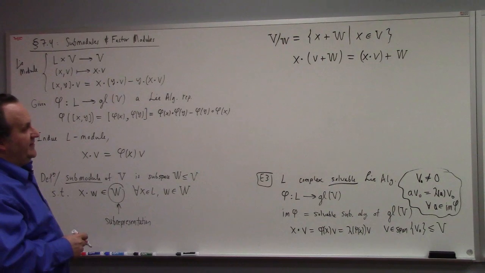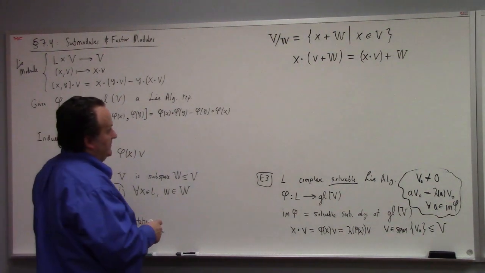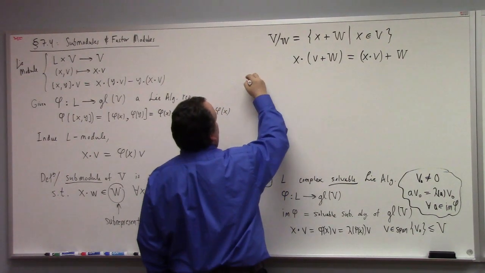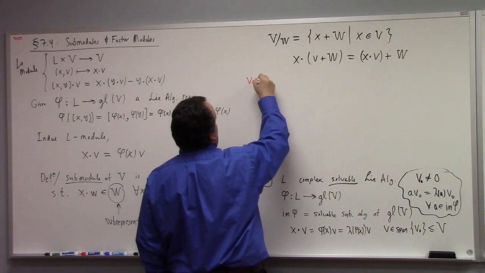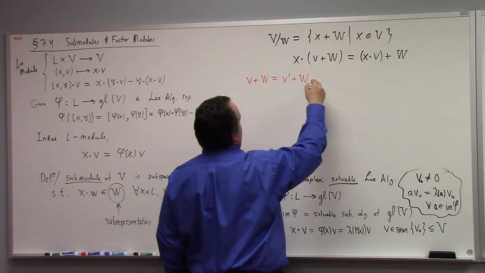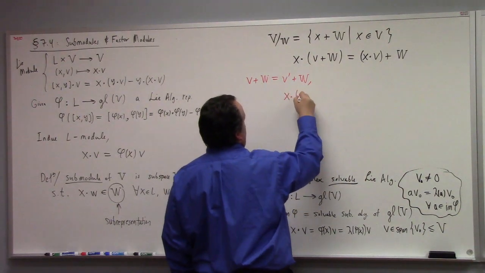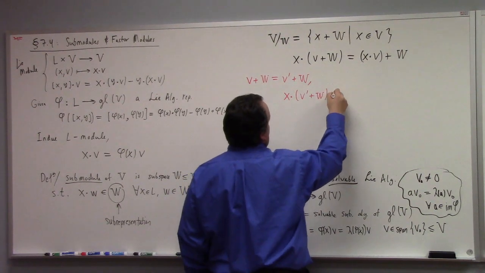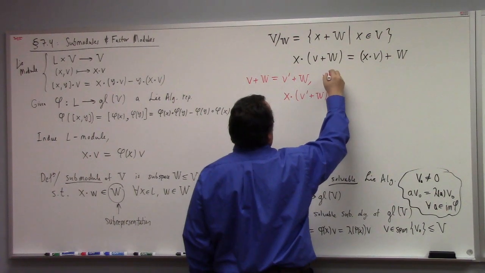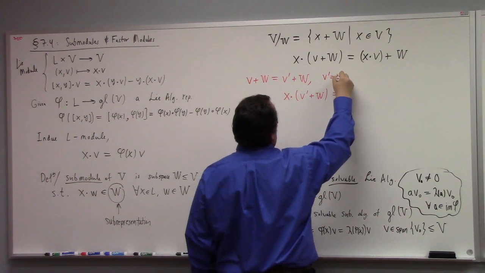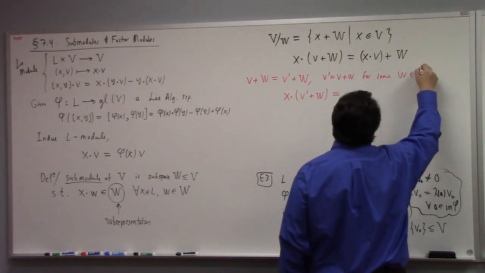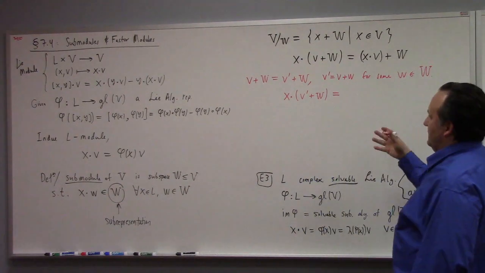Since we're defining it on a representative, we need to check that it's independent of our choice of representative, right? So suppose v plus W equals v prime plus W. We should look at x dot v prime plus W. That means v prime is equal to v plus some little w, right? That's what it means. The difference of them is in W.